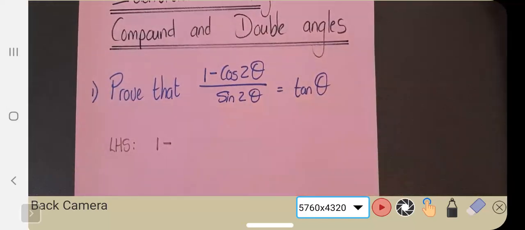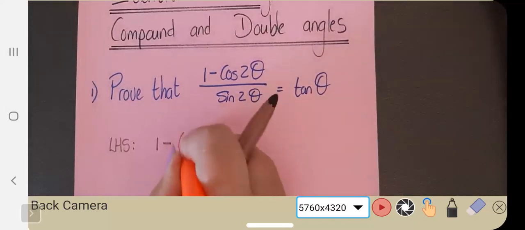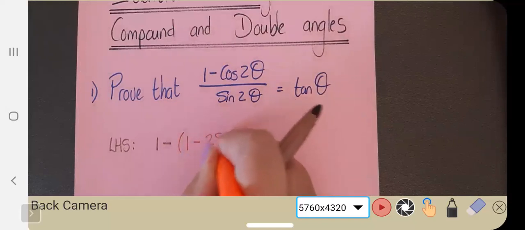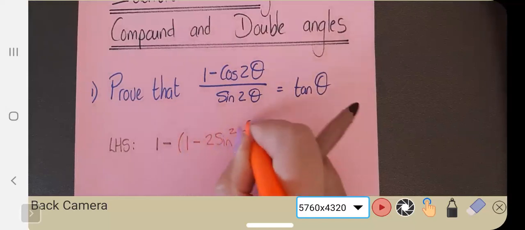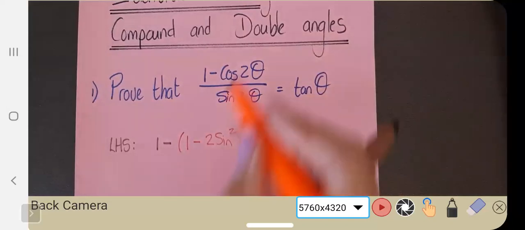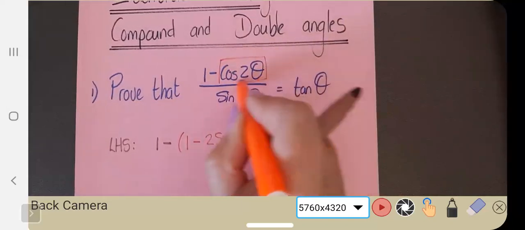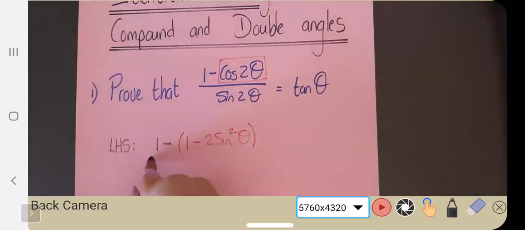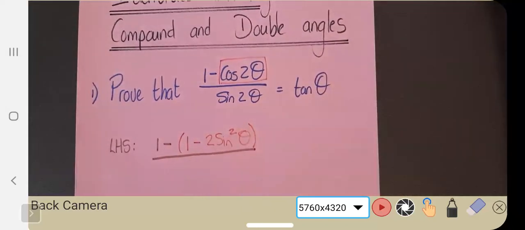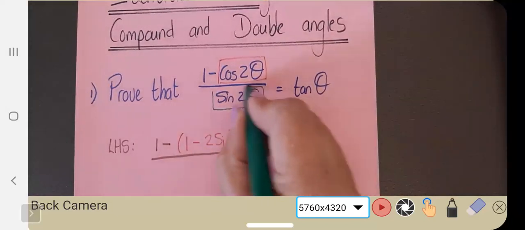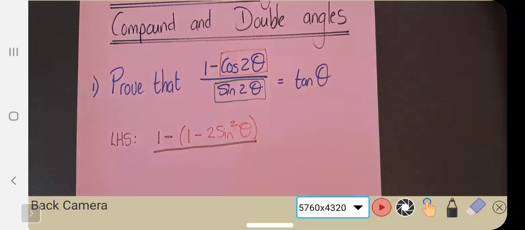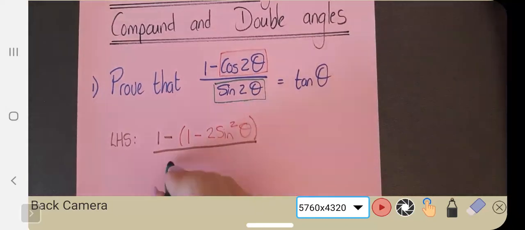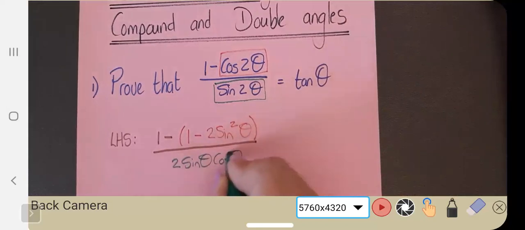And we can do that by using 1 minus 2 sine squared theta, over the sine 2 theta. We can also use this double angle formula: sine 2 theta is 2 sine theta cos theta.